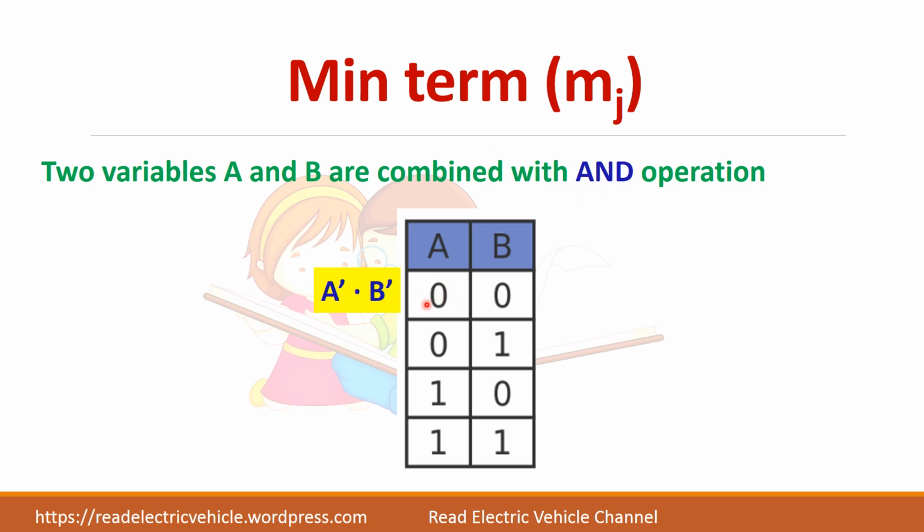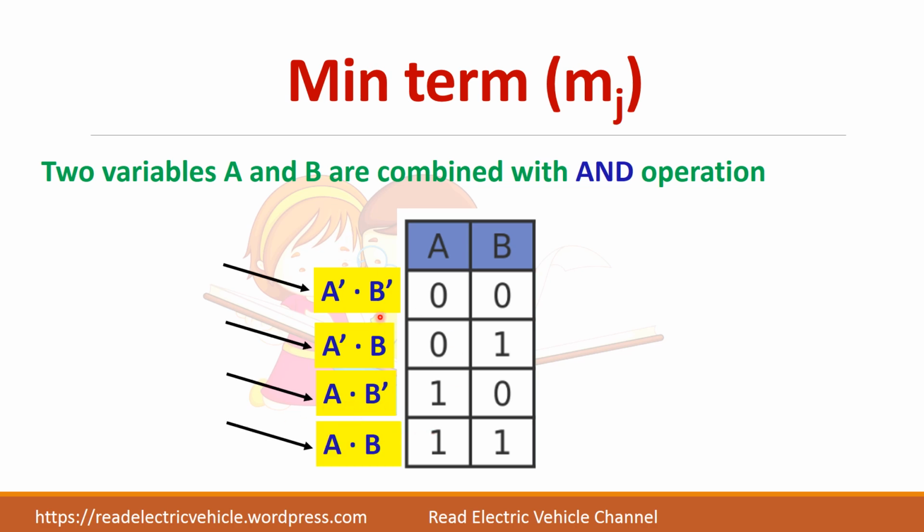When the variable value is 0, we normally represent it as A dash, that is, A in its complemented form. So A dash B dash, A dash B, A B dash, A B.